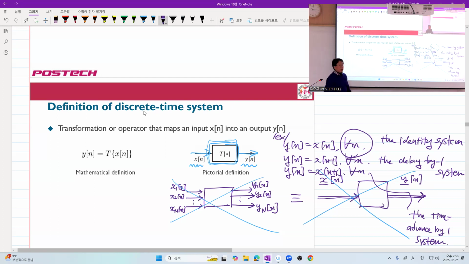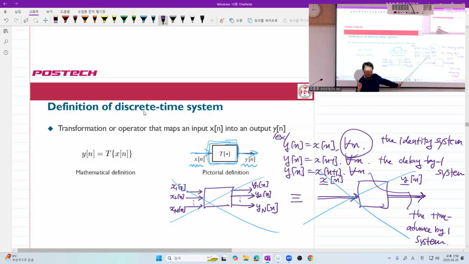And you may say that, hey, it's not possible. We may not generate the output without observing time n plus 1, right?